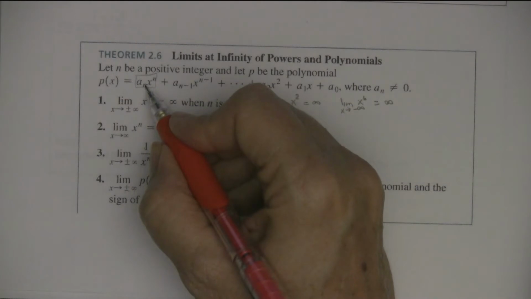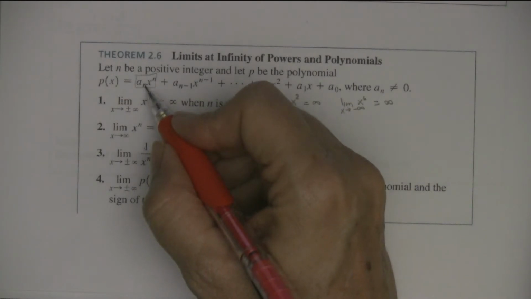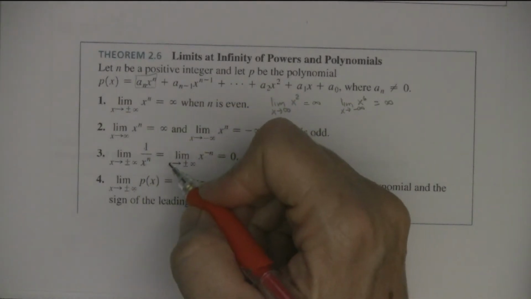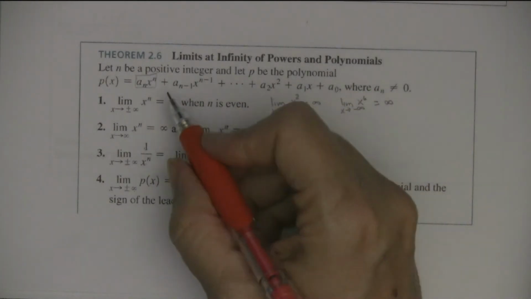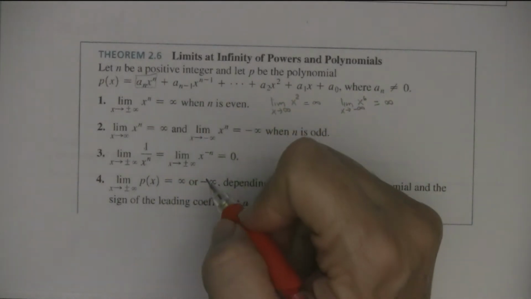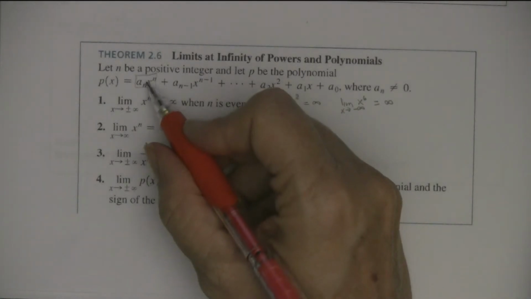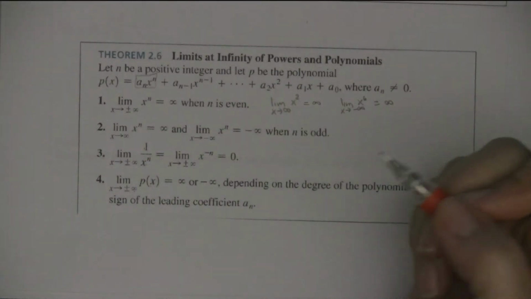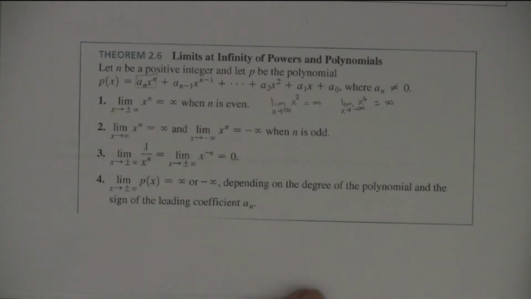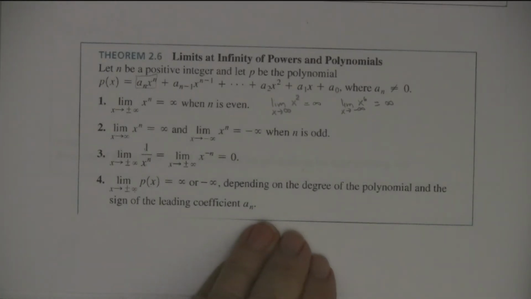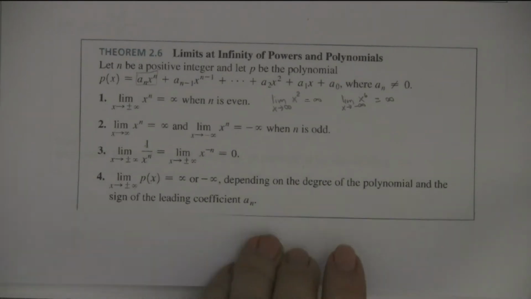Look at this guy, and if this is going to positive infinity, it's going to pull the rest of it to positive infinity. Even if the rest of this stuff was all negative, it just won't go to positive infinity as fast. And if this is going to negative infinity, it's going to pull it there. So that's kind of the story. People call that dominant term analysis, that number 4 there.